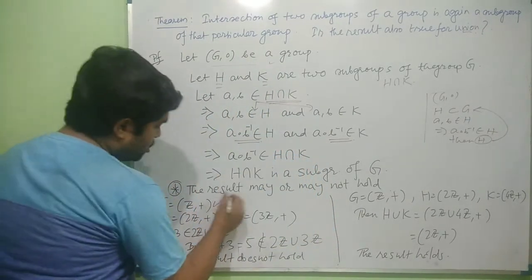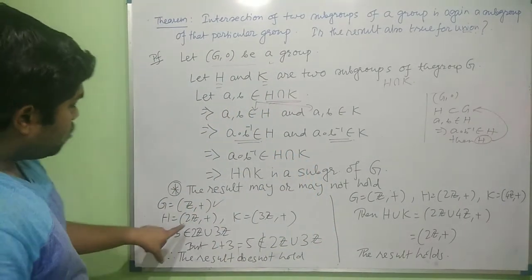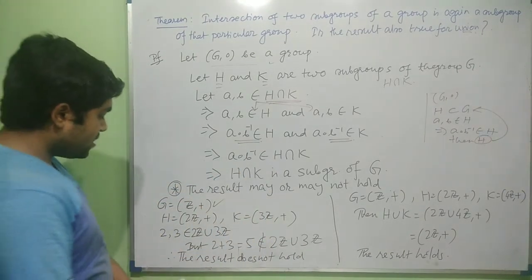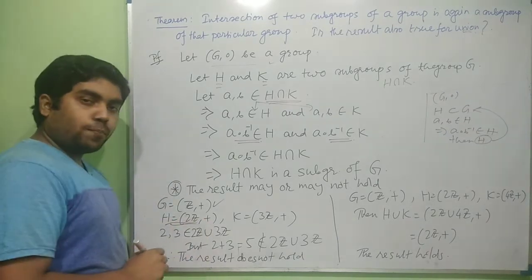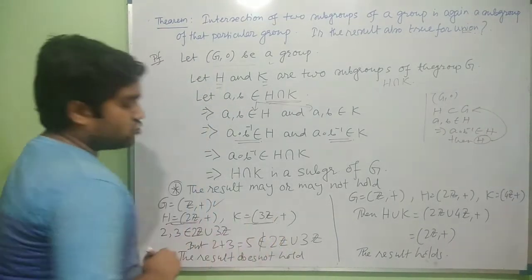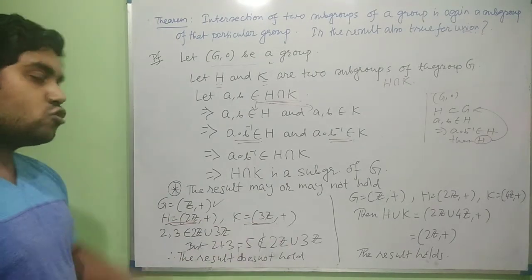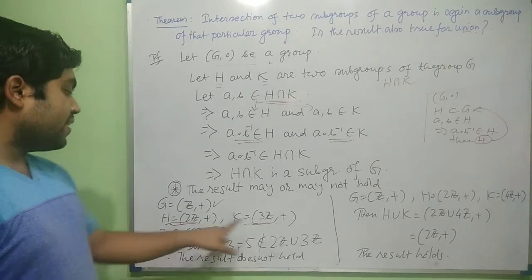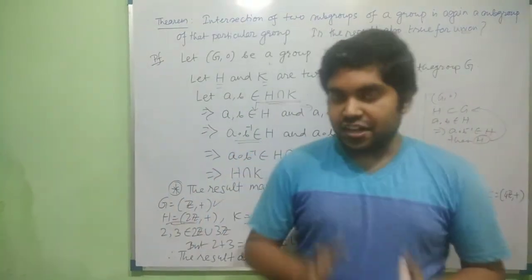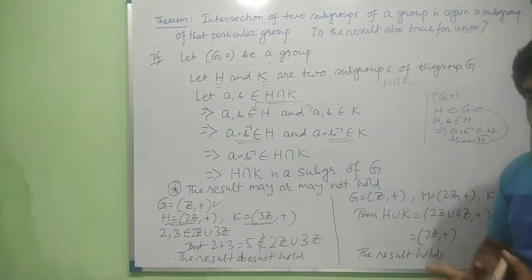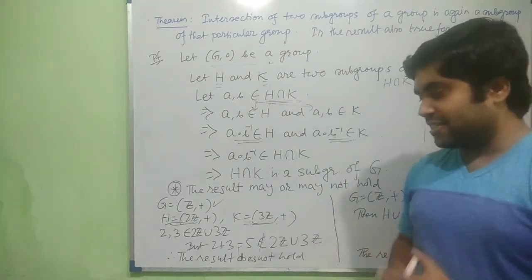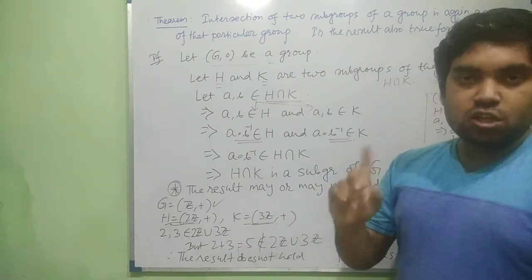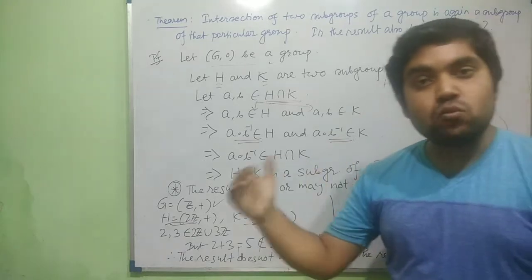Suppose we consider a group G, that is (Z, +). We all know that (2Z, +) is a subgroup of (Z, +). That is why H = 2Z is taken as a subgroup, and K = 3Z is also a subgroup of G. We know that 2 is an element of 2Z, 3 is an element of 3Z, and from the definition of union of two sets, it is clear that 2 and 3 both belong to H union K, that is 2Z union 3Z.